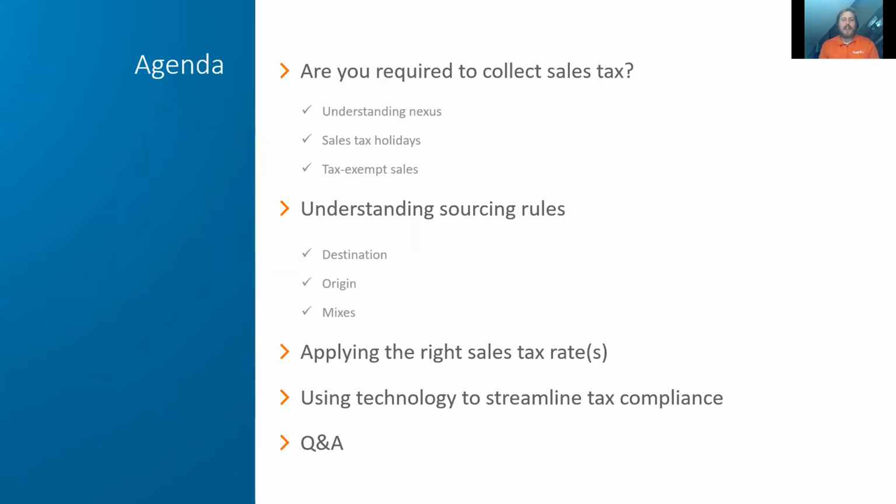Then also understanding sourcing rules, right? It's really important to understand the type of state that you're in, the type of sourcing rules that they leverage. So we're going to talk through that. Then applying the right sales tax rates, right? That's going to be the most important part of this. And then what technology to use and how to streamline the compliance. And then of course, get to some questions and answers.